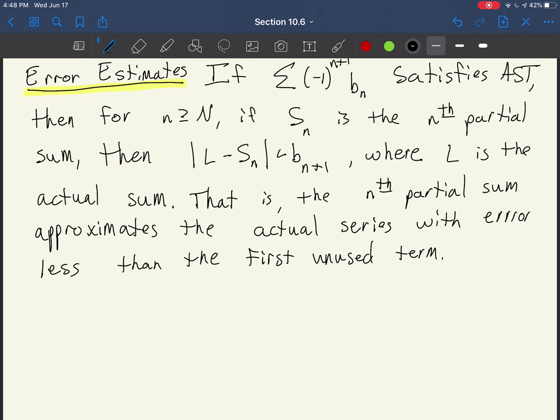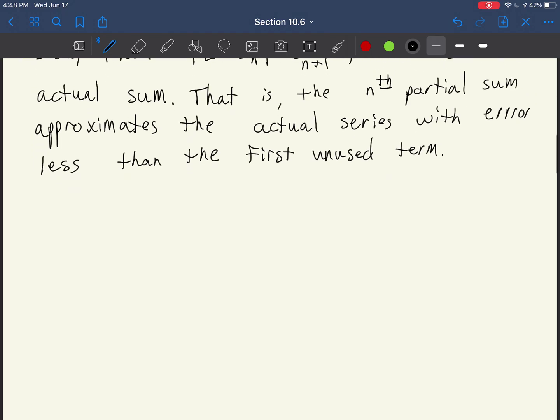So finding the error for the alternating series test is super easy. You just take, okay, we're doing the 12th partial sum, so the 13th term is my error term.